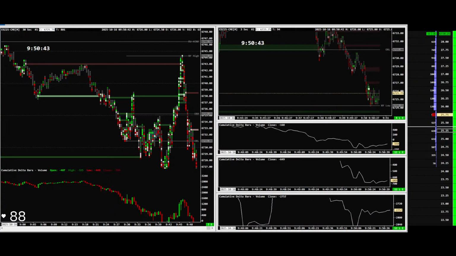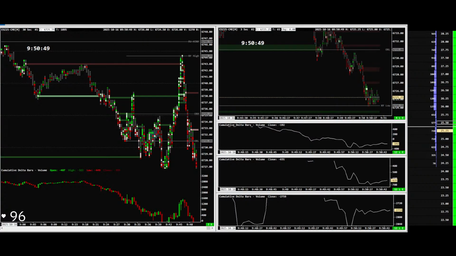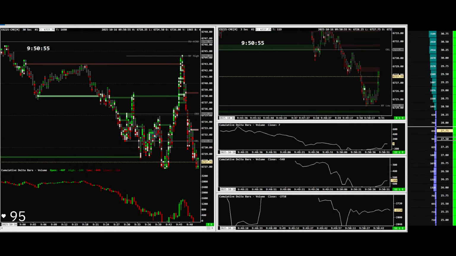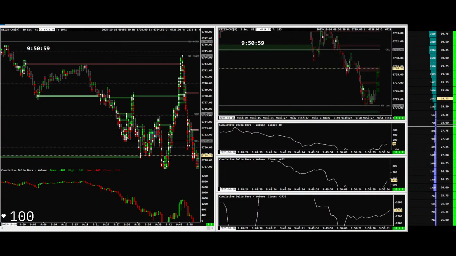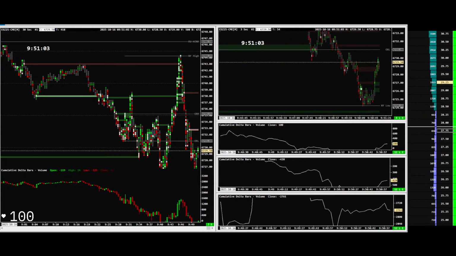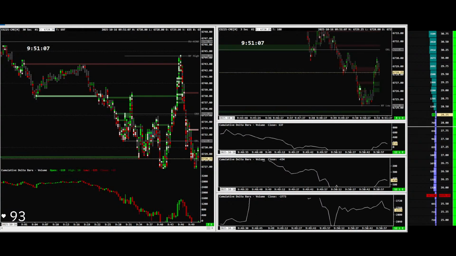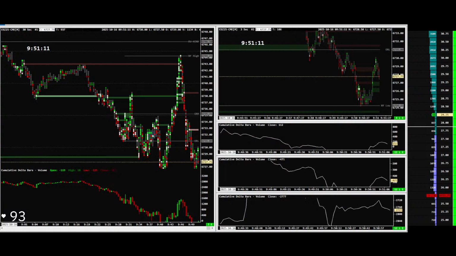Once they get breached on both ends, they're no longer good, because whoever was there puked. This one's gone. What this red one I was about to draw is gone.